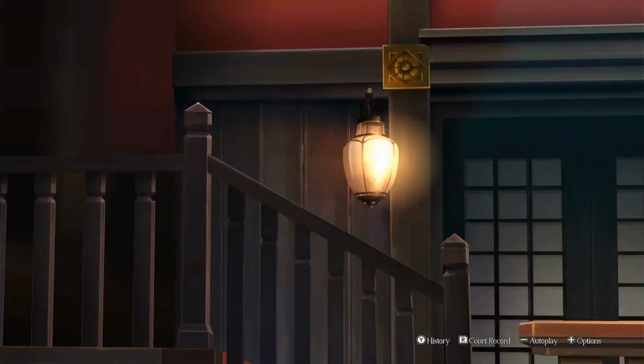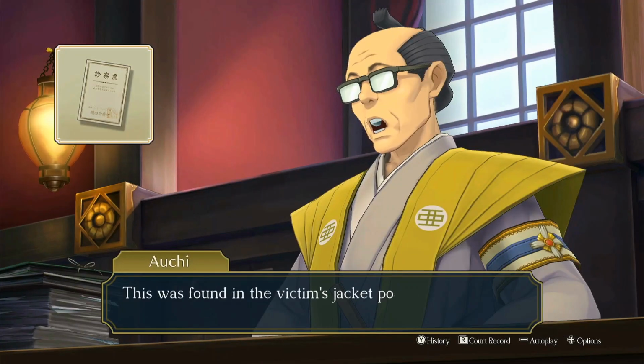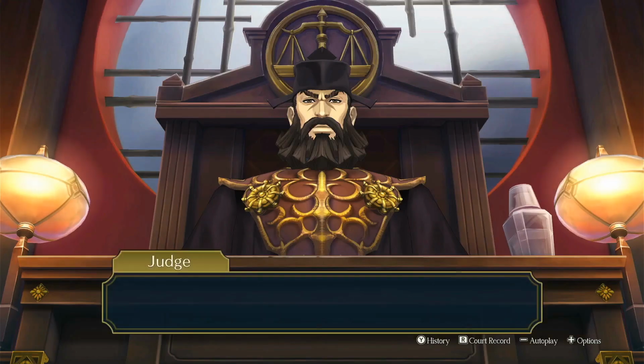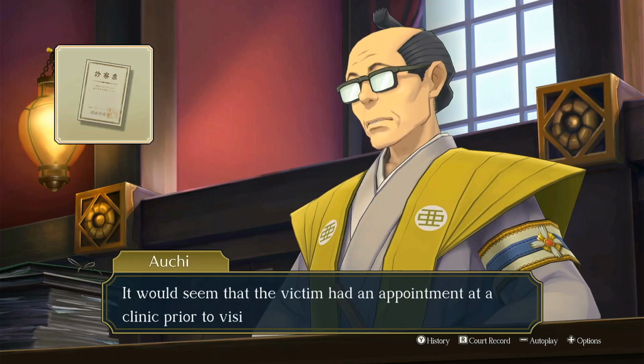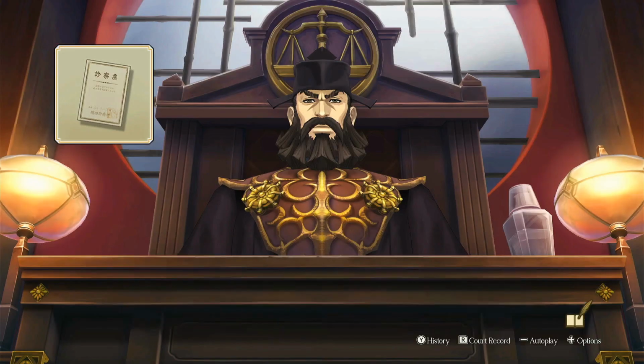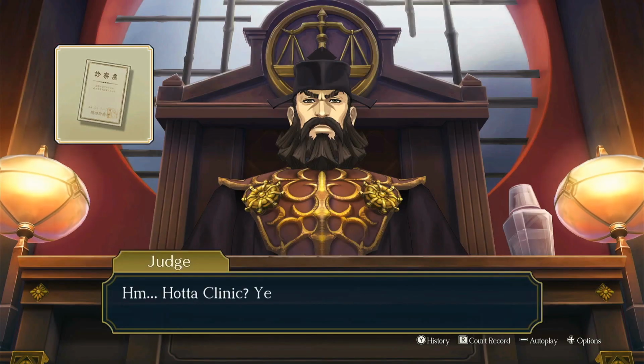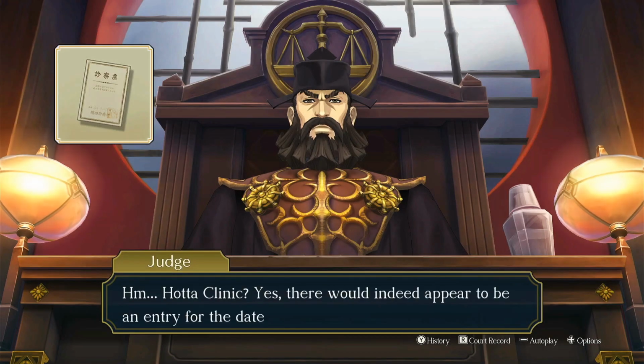There was? This was found in the victim's jacket pocket. What is that, Counsel? It is a medical report card, Your Excellency. It would seem the victim had an appointment at a clinic prior to visiting the restaurant. Hada Clinic? Okay, you'll get that reference later.